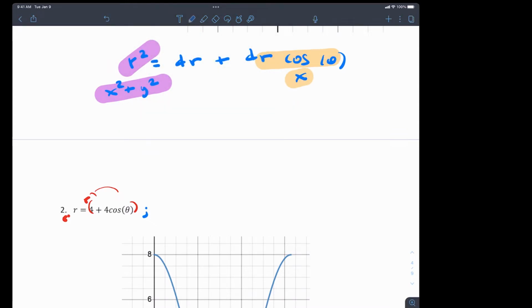And then you might say, I have x squared plus y squared is 4r plus 4x. Okay, so we're trying to convert everything to x and y. Now remember, you're going to subtract 4x from both sides. You're almost there. And now you have x squared plus y squared minus that 4x equals 4r. Okay?